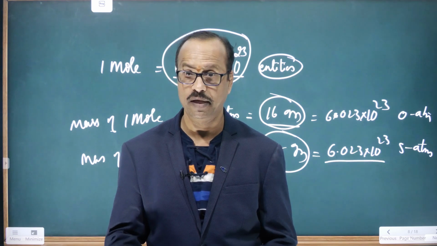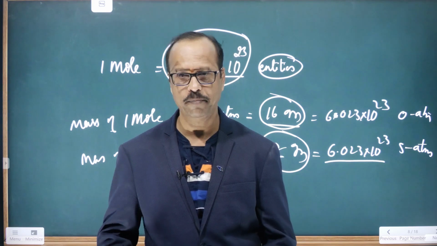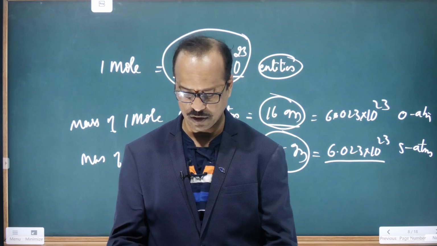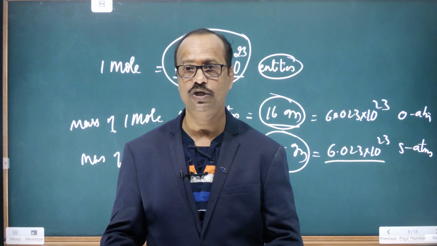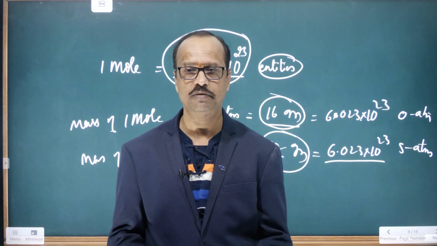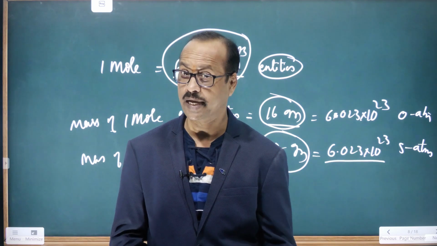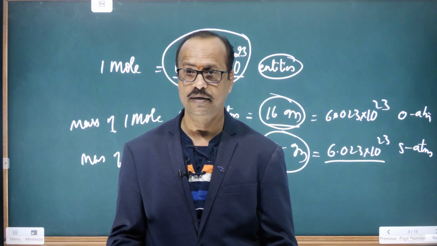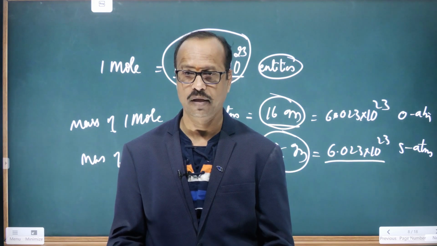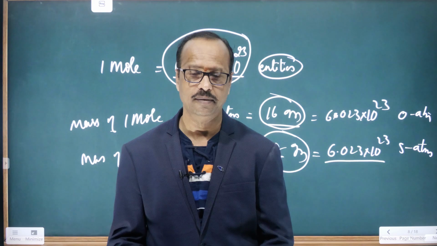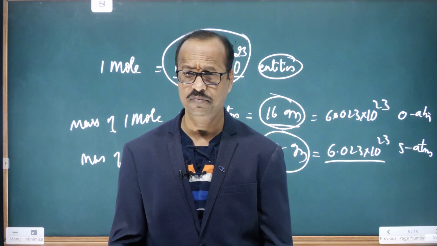That may be homoatomic or heteroatomic, different types of atoms. We measure atomic masses and molecular masses, and we try to express them in terms of grams, and we complete this first synopsis of the mole concept.